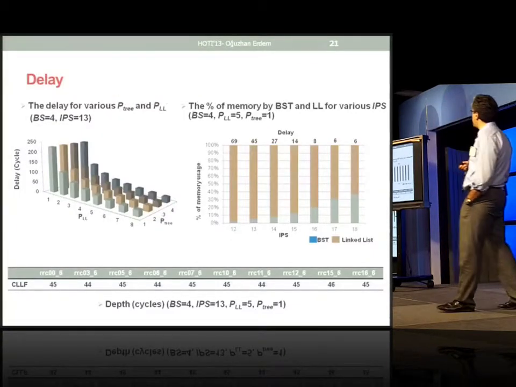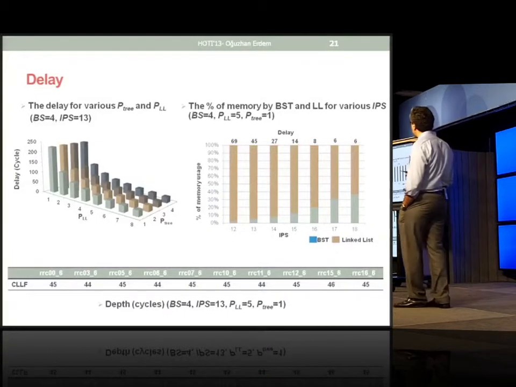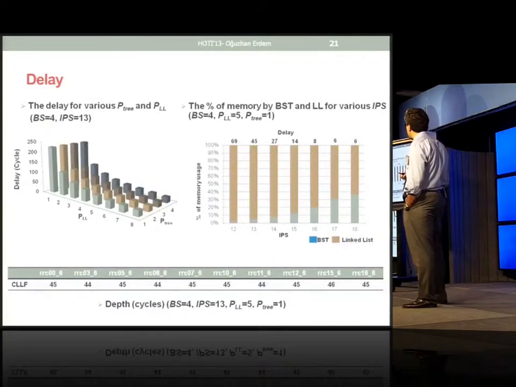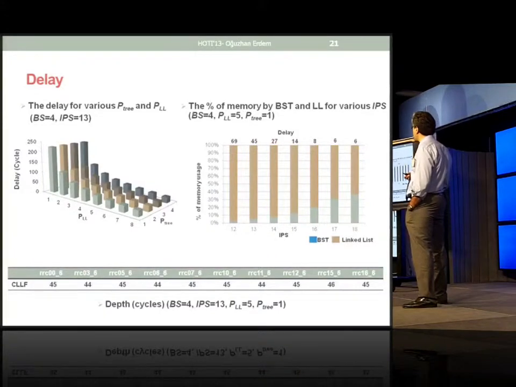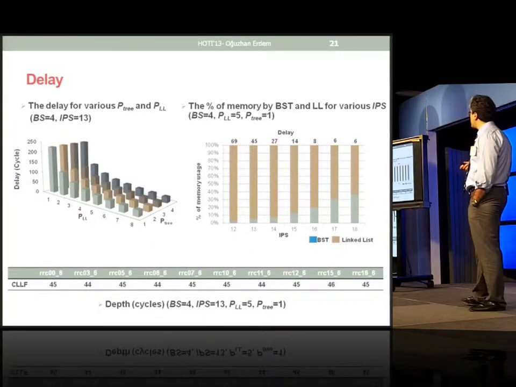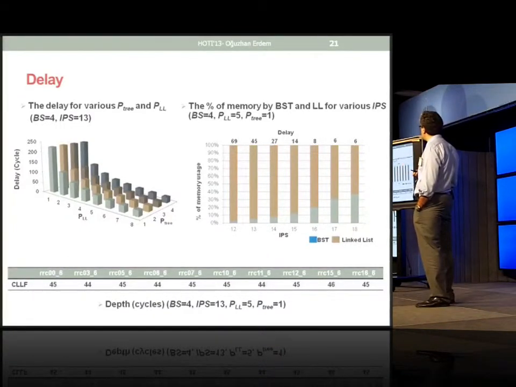Next, let's see the delay performance. The first figure shows the change of delay for various P3 and PLL values. When we increase PLL, which means when we increase the size of the linked list node in the second stage, the delay drops. The next figure shows the percentage of memory used by the first stage and the second stage for various IPS values.